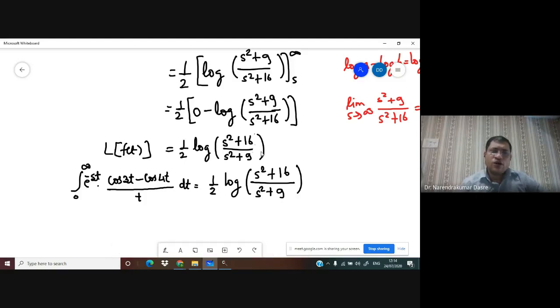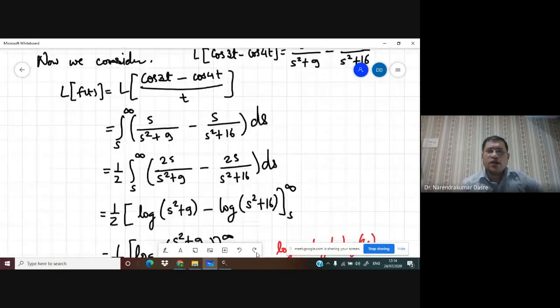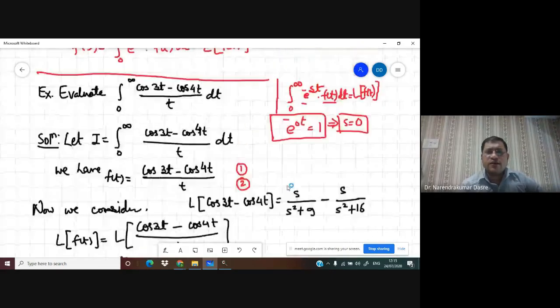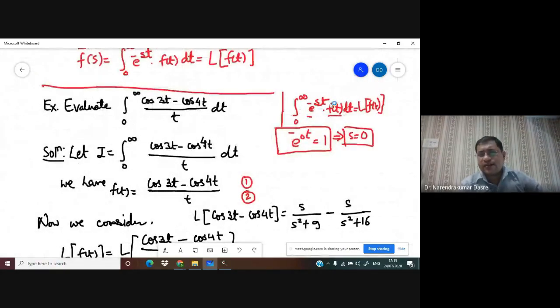Okay, now you can see what integral we have evaluated, we have calculated the Laplace transform.